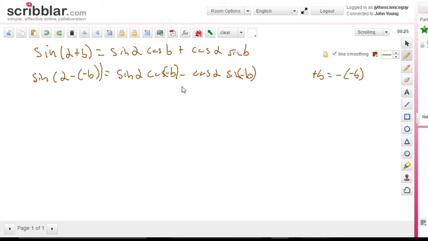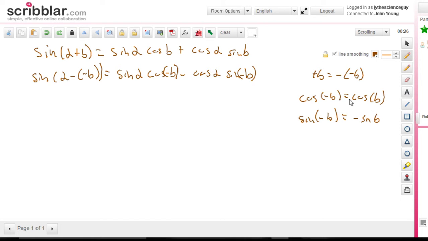Okay. Now I'm going to use the fact that the cosine of negative beta is equal to the cosine of beta, because that's even. And I'm going to use the fact that the sine of negative beta is equal to negative the sine of positive beta.